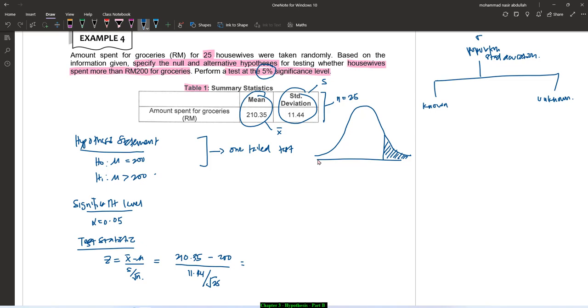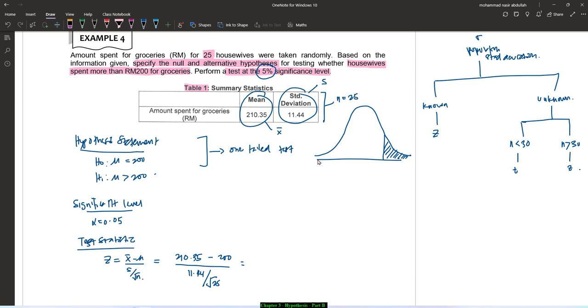If the population standard deviation is known, no matter how big the sample size, we're going to use Z distribution. If the population standard deviation is unknown, then we look into the sample size. When the sample size is less than 30, we're going to use T. When the sample size is more than 30, we're going to use Z distribution.